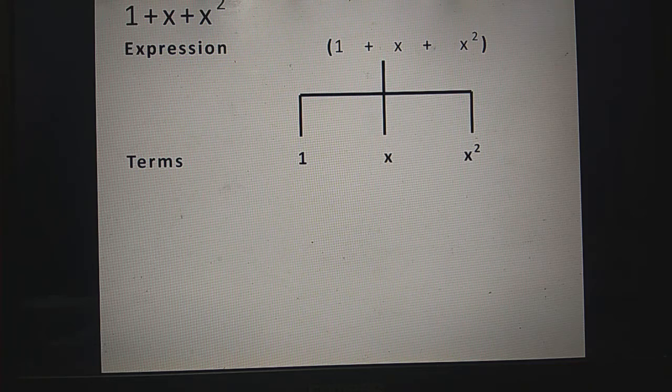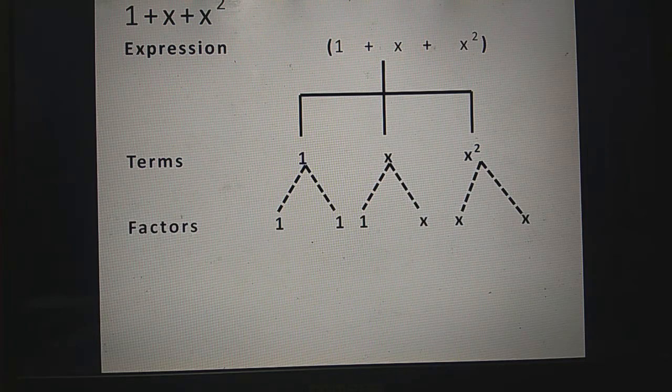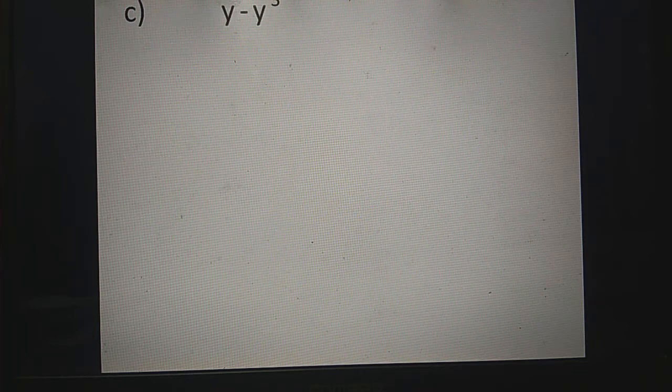So 1 can be obtained by 1 into 1. X can be obtained as 1 into x, and x square can be obtained as x into x. So how many shaded line will be there? On each factor there will be 2 shaded line. So factors are 1, 1, 1x and xx. This is a tree diagram for the second expression.